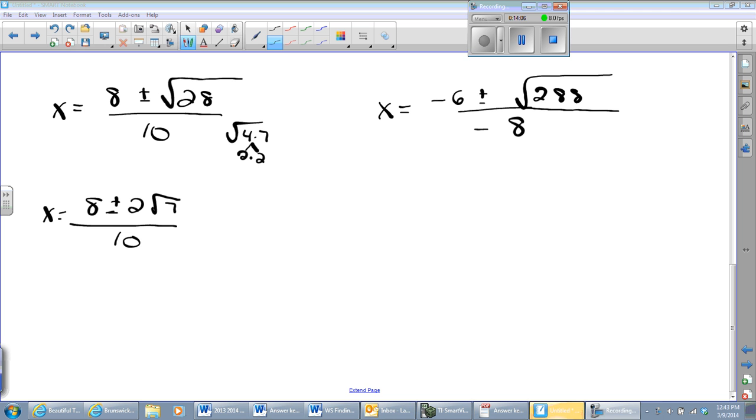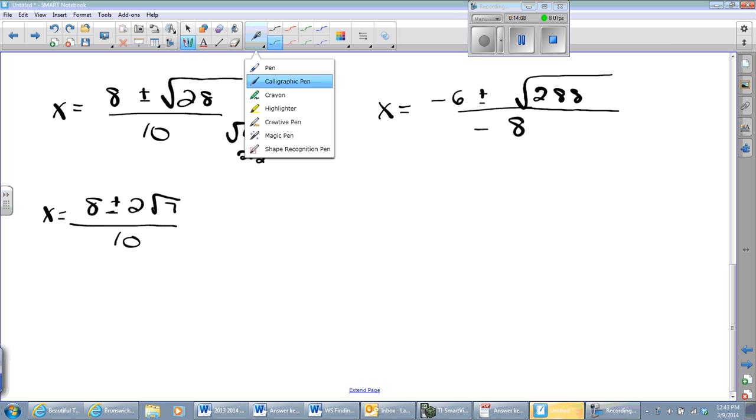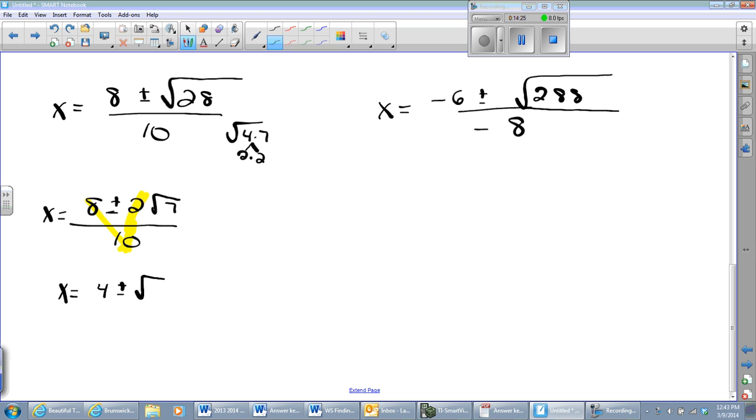Only going exact answers here. So now I have to simplify 8 tenths, and I also have to simplify the 2 tenths. And what I end up getting is x equals 4 plus or minus square root of 7 over 5. Right? Because 2 divides into all 3 numbers.